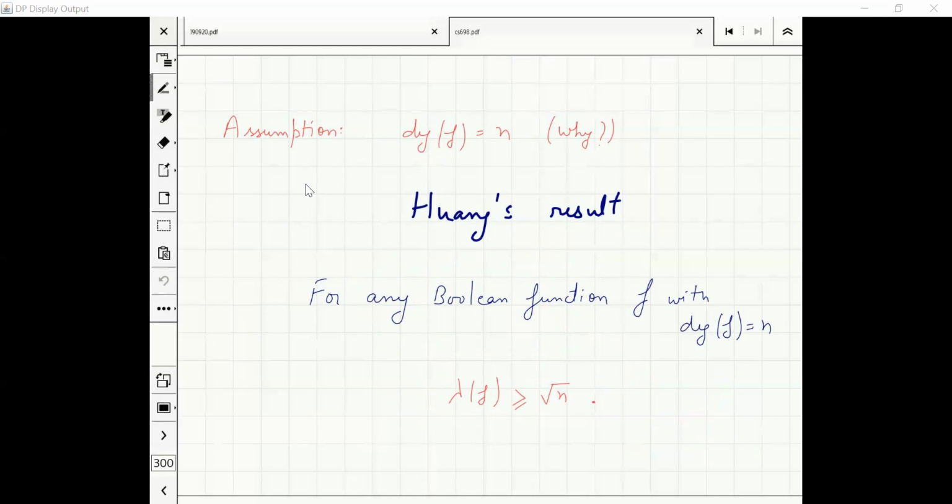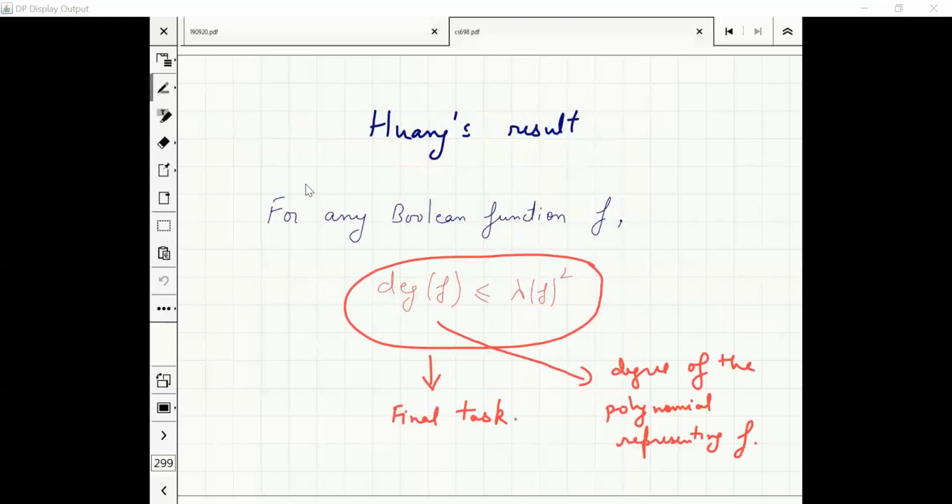My first claim is that I can actually assume degree of f to be equal to n. I will give you a minute and see if you can come up with an argument. It's not straightforward, but it's not very difficult. When I want to prove Huang's result, for us, Huang's result is degree of f less than or equal to lambda f squared.